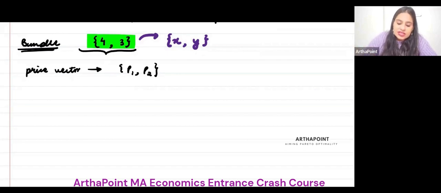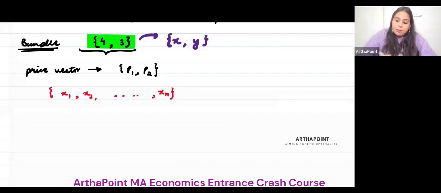I can say that I have n goods, I am consuming X1 unit of good 1, X2 unit of good 2, and so on till Xn unit of good n, and correspondingly I can have n good prices also. But mostly when it comes to generalizing things, we will never deal with that. We want to only deal with the two good commodity case because that's the simplest case to begin with.